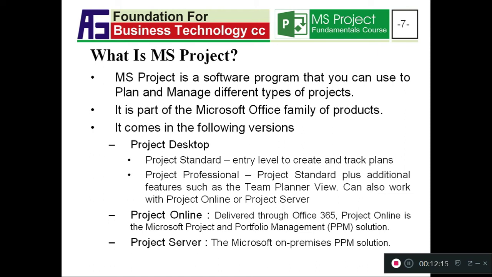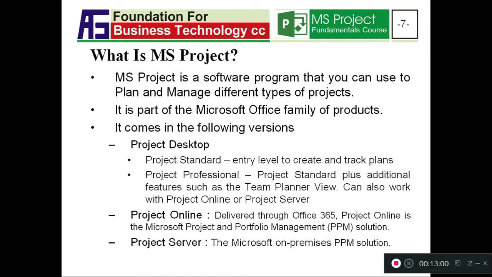Next, we look at what is Microsoft Project. So MS Project is a software program that you can use to plan and to manage different types of projects. And it is a part of the Microsoft Office family of products, which comes in a number of different versions. So you have got the project desktop. That is the one that you can use as a standalone in your office, on a laptop, or on your PC.